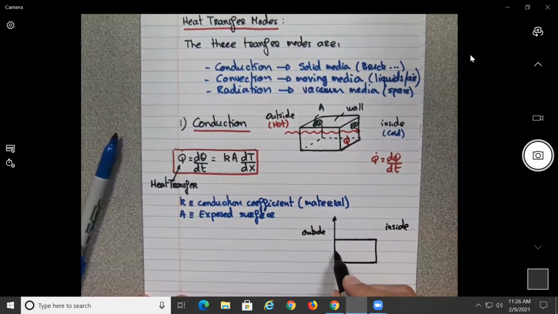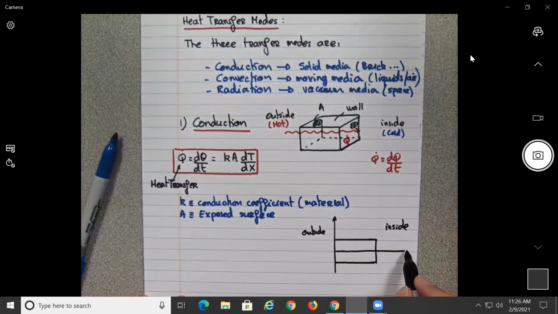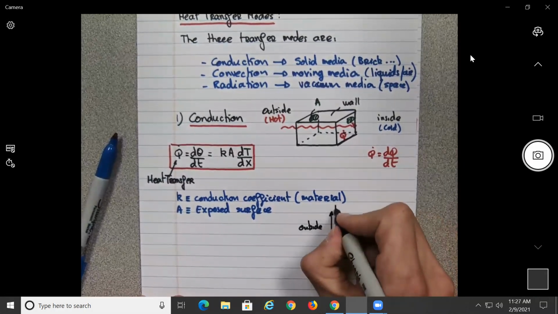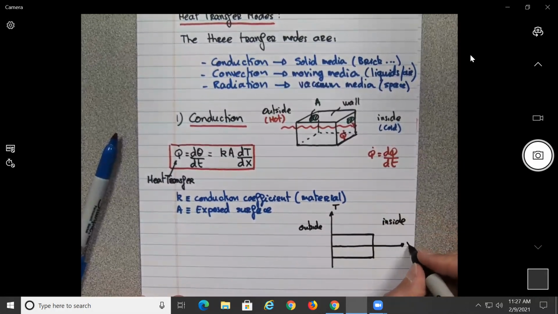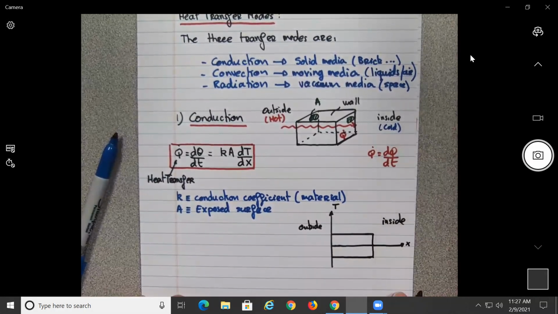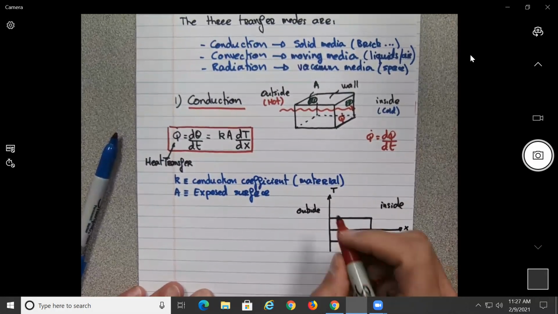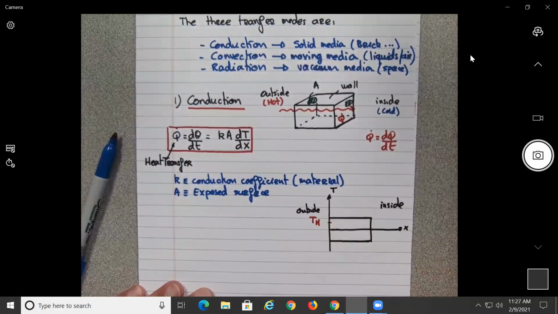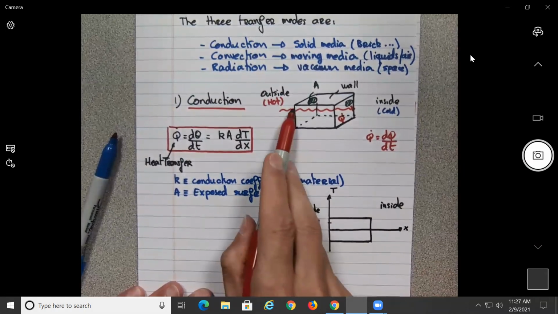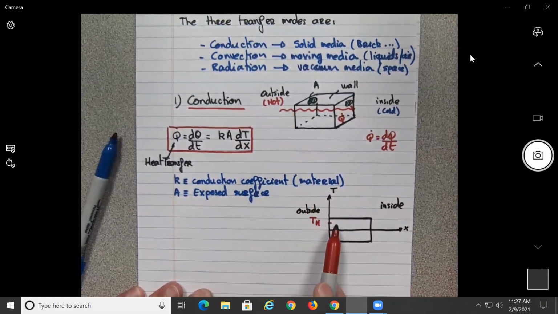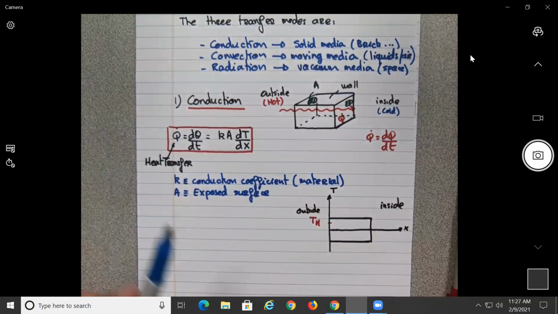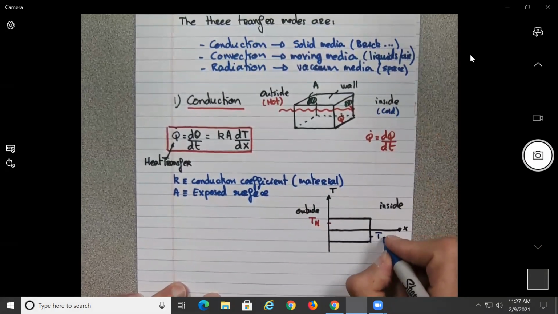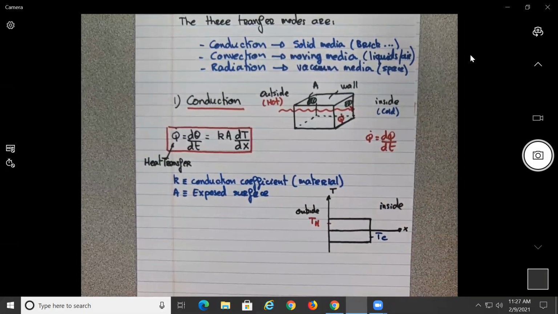This would be T with the position X. Okay, so if the temperature is hot outside, let's say we have a temperature here, T hot. On this side of the wall, on the outside, you're going to have a T hot temperature. Now, on the inside, you want it to be cooler, so let's say you're going to have a T cold temperature.